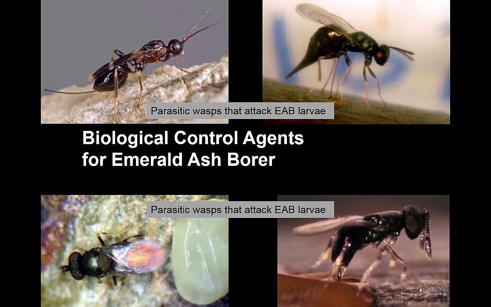There are various kinds of wasps that attack eggs of emerald ash borer or lay their eggs underneath the bark and attack young developing larvae.